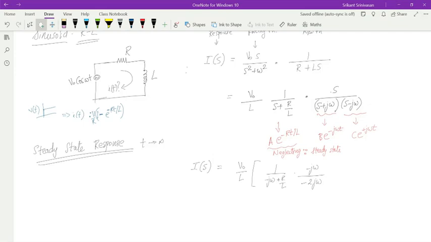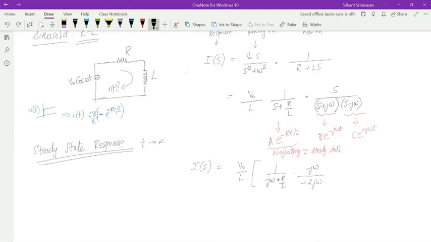Because we are solving for this term, we put s equal to minus j omega. The numerator is minus j omega, I have minus j omega plus R by L over here, and this term becomes minus j omega minus 2j omega. What about this term? This is minus j omega plus j omega, which is 0, but we are not considering this, because we are trying to find the residue of this term. So this term is not considered. You have to consider all the other terms.